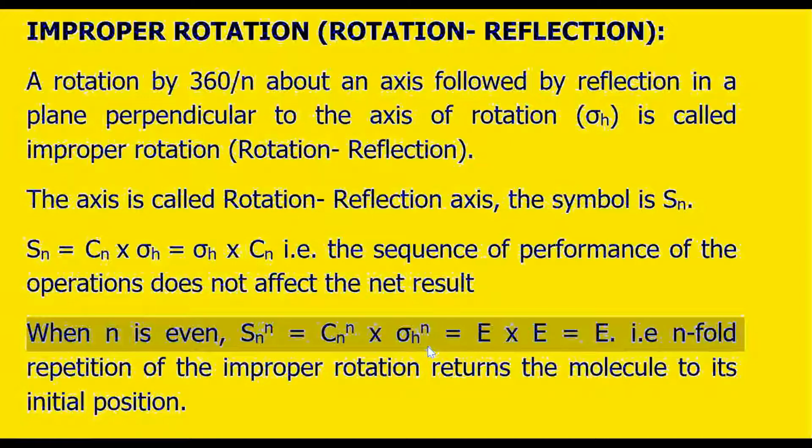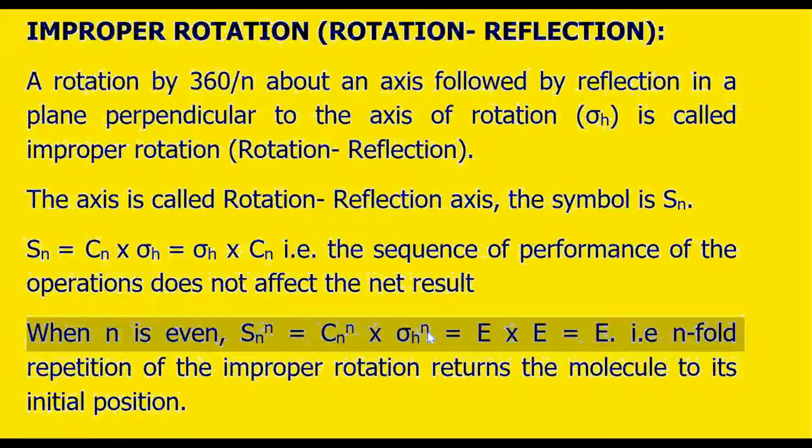So here the value of the superscript n is important. If you perform reflection once, then you may or may not get the same appearance. If you perform the reflection twice, then you will definitely get the same appearance. If you perform the reflection 3 times, then again you may or may not get the same appearance. This means that performing a reflection operation an even number of times always gives the original appearance.